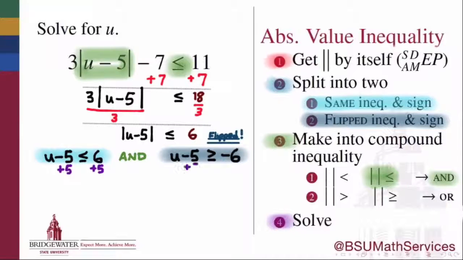Now it's just a matter of solving that compound inequality, solving each of its pieces separately to give us, respectively, u is less than or equal to 11 and u is greater than or equal to -1.